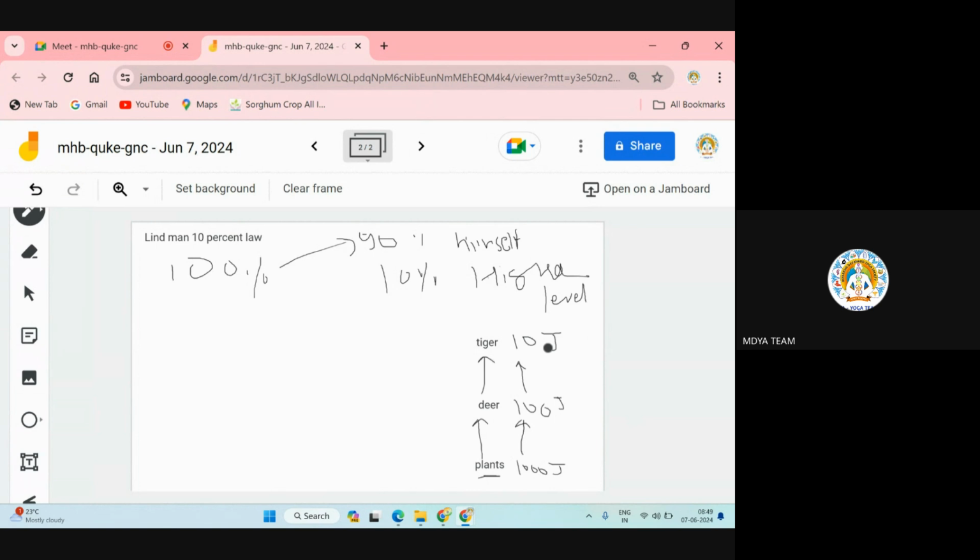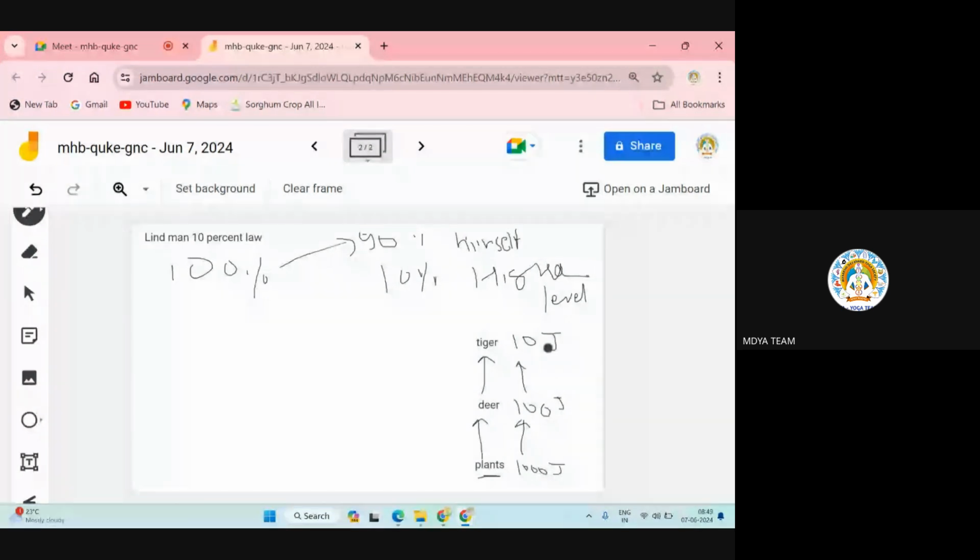So that's why it is always recommended to be a vegetarian from an ecological point of view. Those people who do not know ecology, who do not know this law, will say we should also eat animals so that we are utilizing them, because if everyone is vegetarian, then there will be a food shortage.